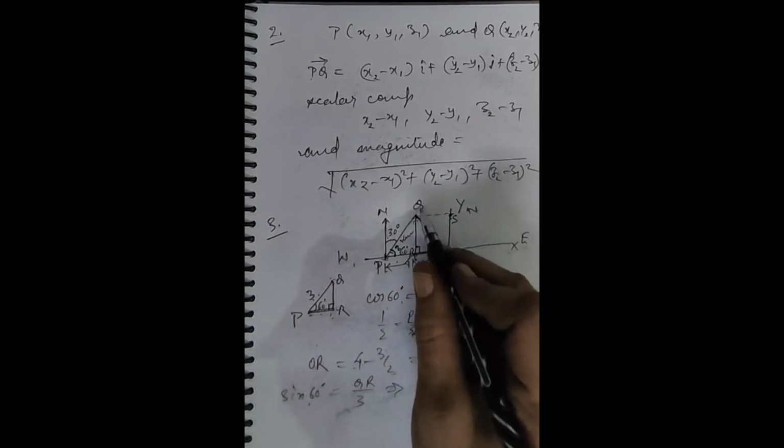And as we see, this component is parallel to the positive y-axis, so in the form of component we will take it positive. And as this is negative, here we will take the x component with a minus sign. That's why the required vector OQ will be minus 5 by 2 i cap plus 3 root 3 by 2 j cap.